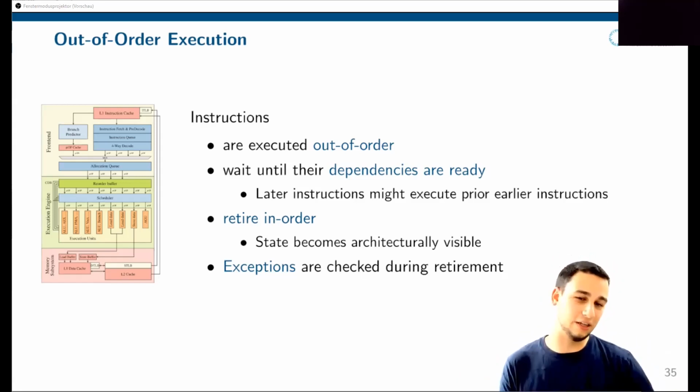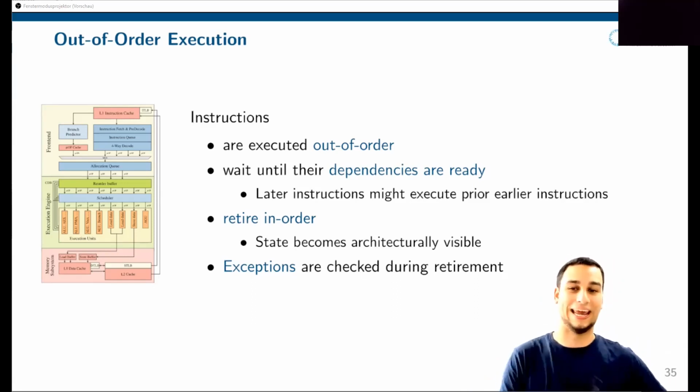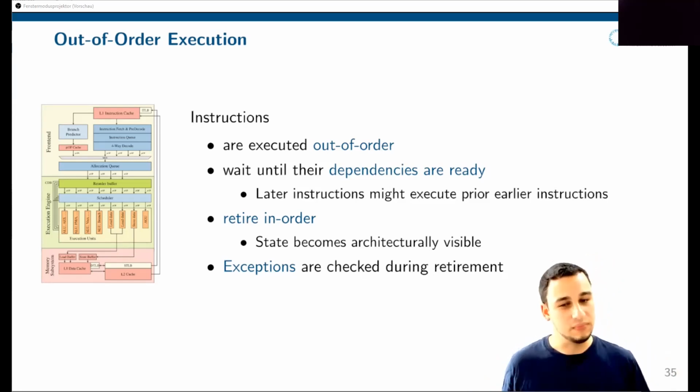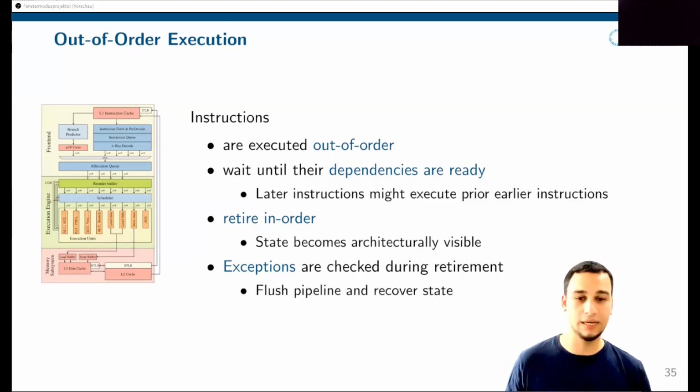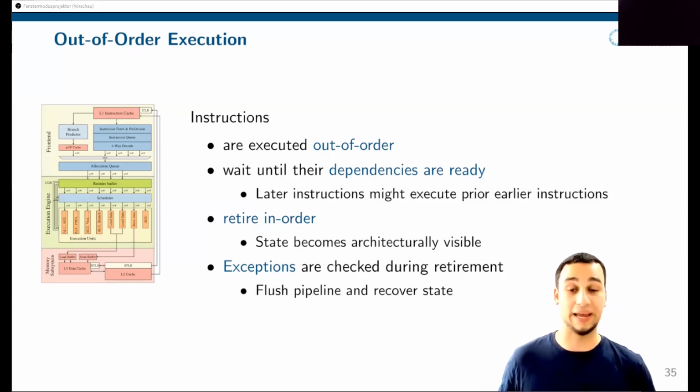So in out-of-order execution we can't really handle exceptions immediately. We just mark that we throw an exception, and we check that when we try to make it visible. But it also means that we can have exceptions out of order that are not immediately stopping the execution. Then the CPU simply flushes everything it did after that and recovers the state, and everything looks fine from an application perspective.